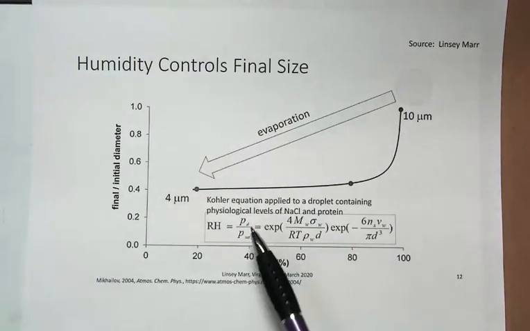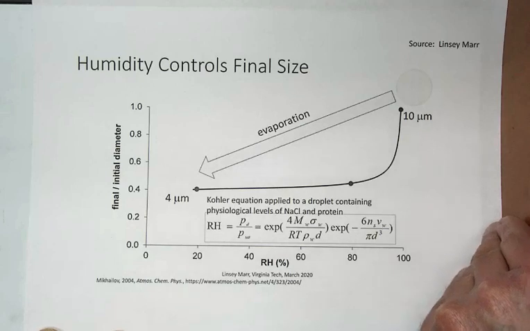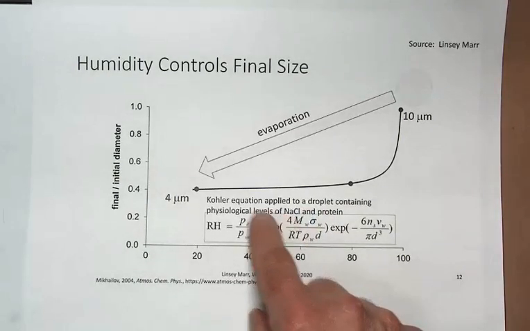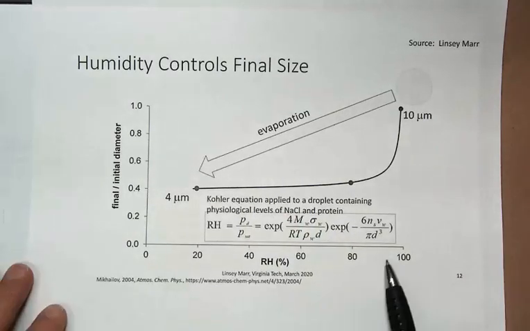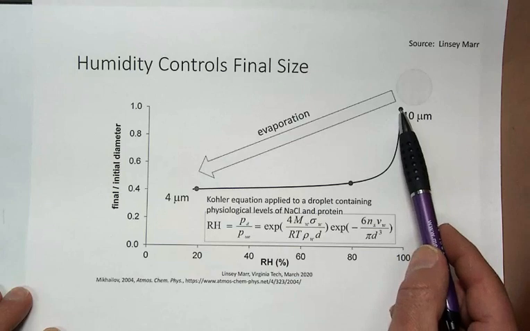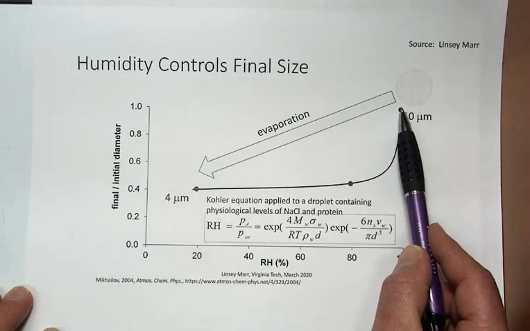However, the pressure over the droplet is not just the same as the pressure over pure water. It's got two terms in here that are parts of the Kohler equation. So what's showing here is, let's say a particle was emitted from the body, 100% relative humidity, 10 microns in size.